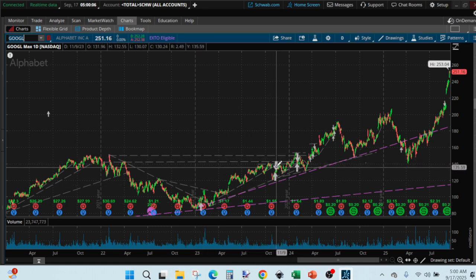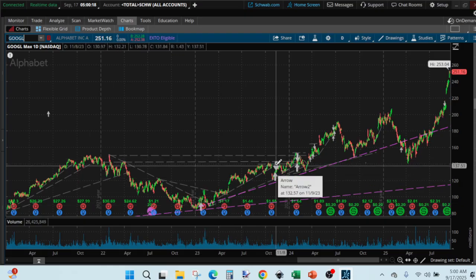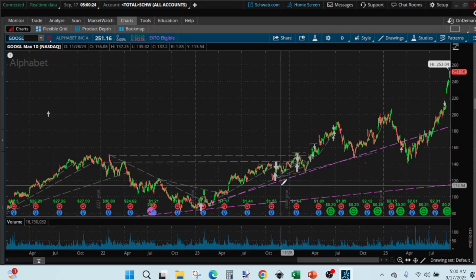And then we sold it around November of that same year with a good amount of profit, like buying it around 89 and selling it around 136. So you can see the difference there per share.